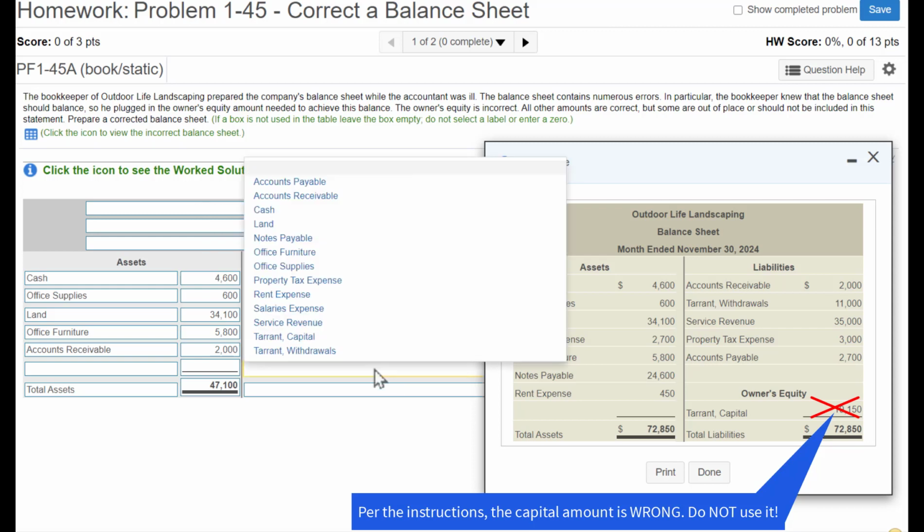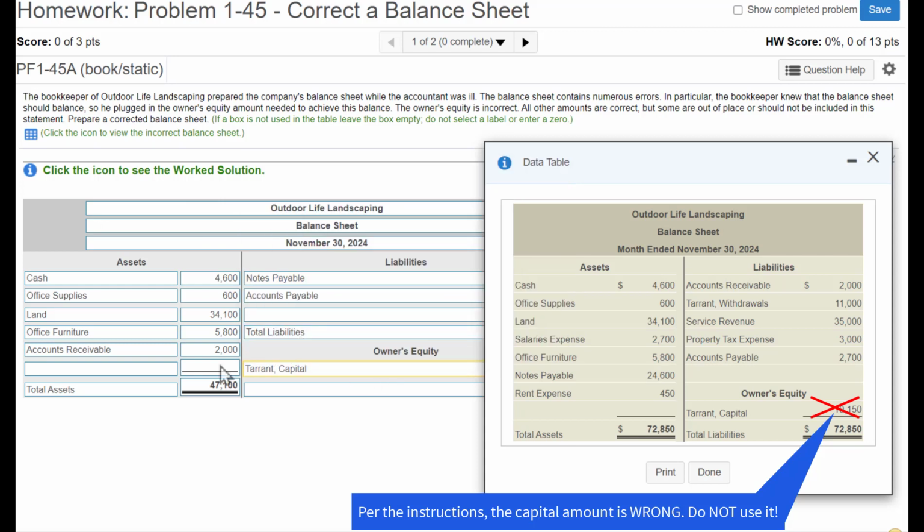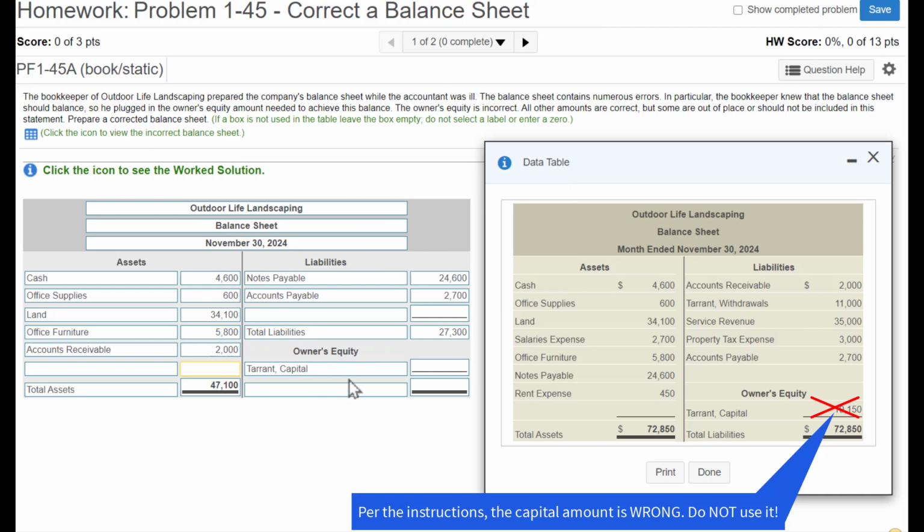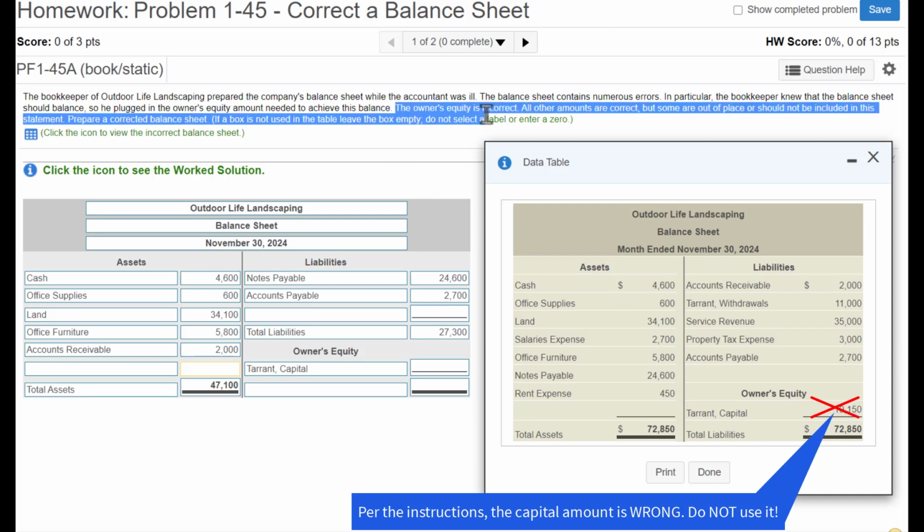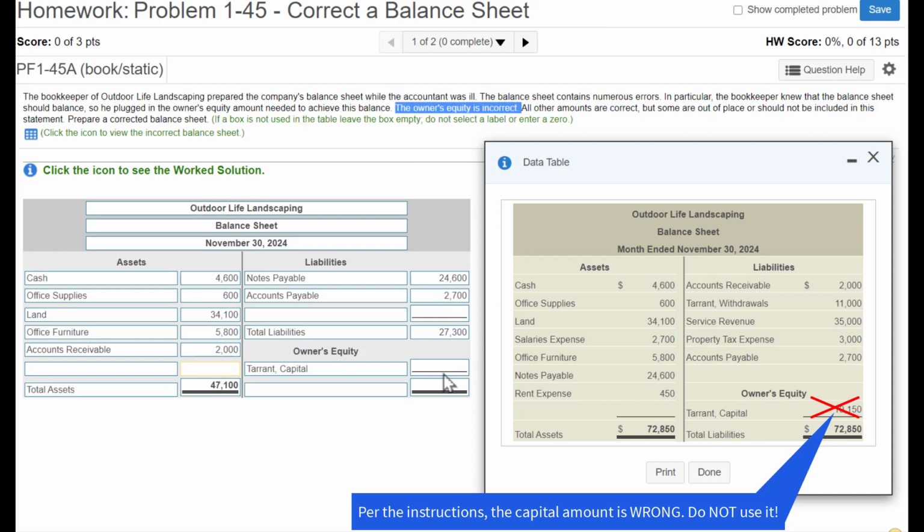Now we need capital. So Tarrant is the name of the owner. Remember now, we cannot use this 19,150 because up here it said the owner's equity is incorrect. So what we have to do is back our way into the number.